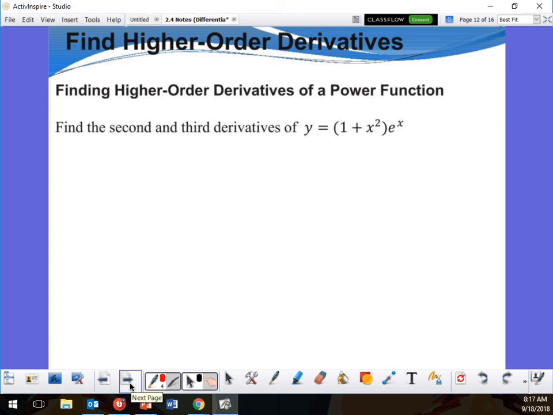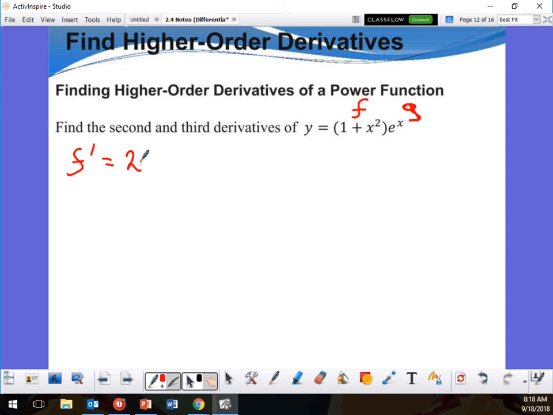Okay, so find the second and third derivatives of that. So what rule is that? Product. Very good. So I'm going to call it like it is: F and G, right? F times G. All right, so let's take a look. F prime. What's the derivative of F? 2x.